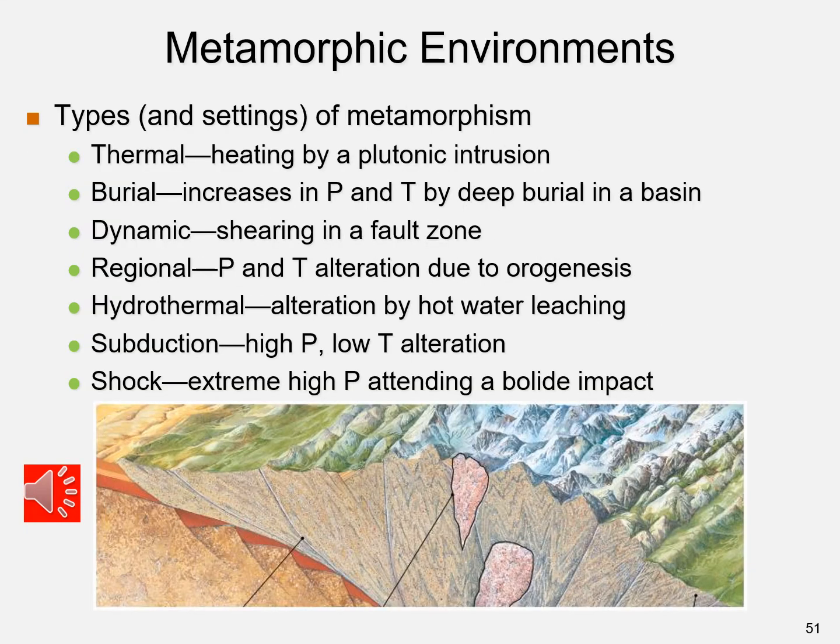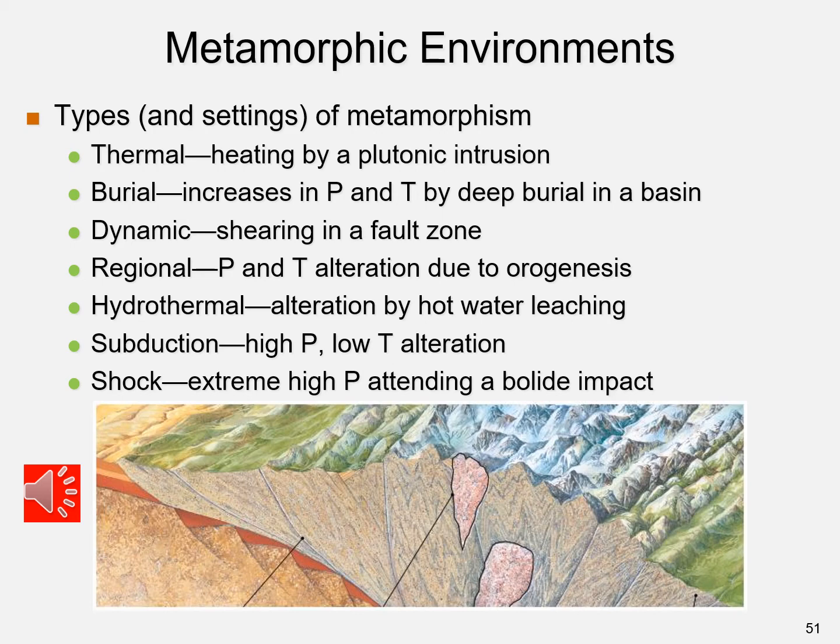Types and settings of metamorphism in a metamorphic environment. 1. Thermal, that is, heating by plutonic intrusion. 2. Burial, increases in pressure and temperature by deep burial in a basin. 3. Dynamic, shearing in a fault zone. 4.